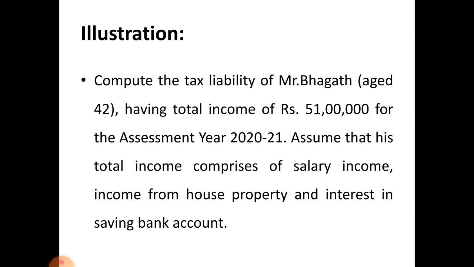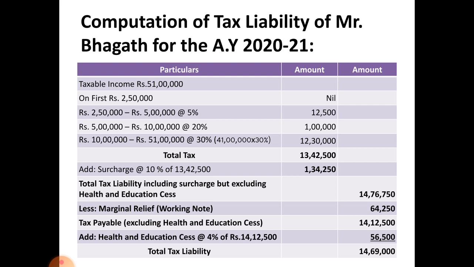In this problem, there is no casual income or long term capital gain or short term capital gain under section 111A. So, you can directly apply the normal rates of tax on the total income 51 lakhs. The calculation is as follows. Computation of tax liability of Mr. Bhagat for the assessment year 2020-21.